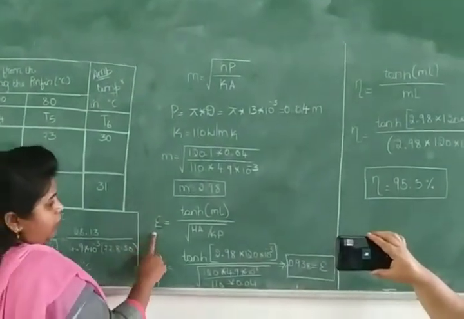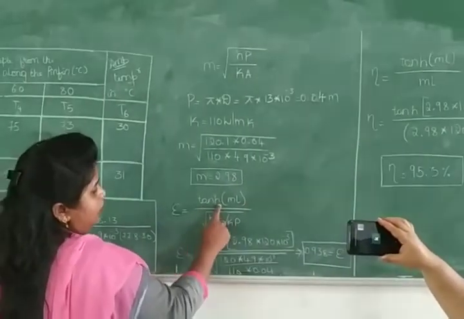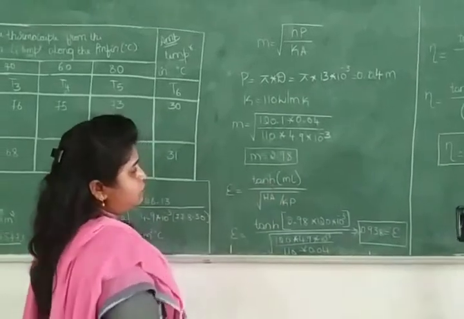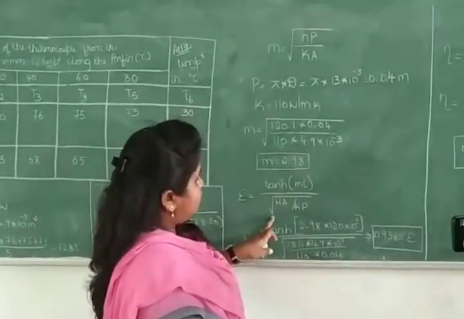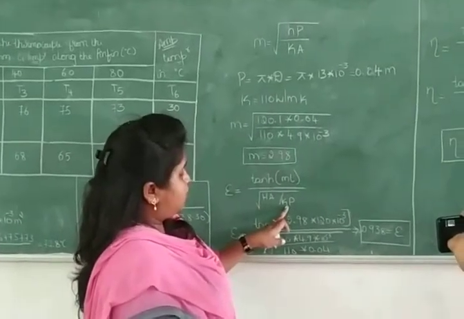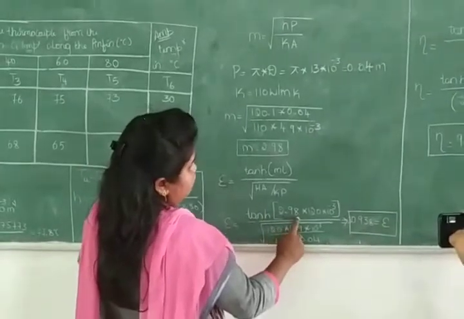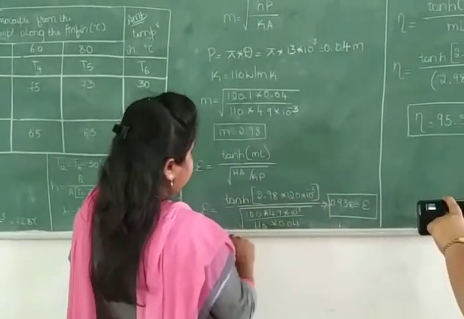Now our aim is to find out the value of effectiveness. Effectiveness will be equal to tan H. H is nothing but not your convection heat transfer coefficient, it is hyperbolic. So tan hyperbolic ml divided by square root of HA divided by Kp. So if you are going to substitute all the values, M value is 2.98, L value, that is length of the pin fin, is 120, it is in millimeter.